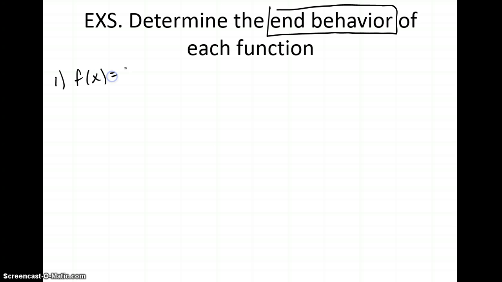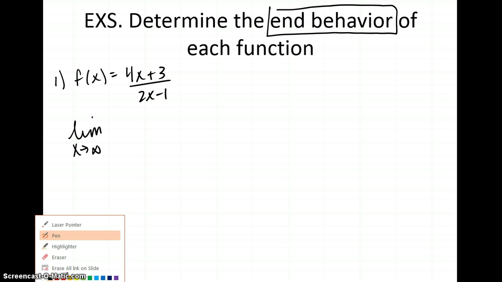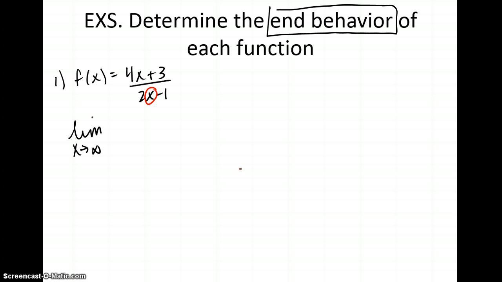Take f of x equals 4x plus 3 divided by 2x minus 1. It's a rational function, so it could have a horizontal asymptote. Limit as x approaches infinity. So according to the long way, we take the degree term of the denominator. Now you can include the coefficient, but you certainly don't have to.